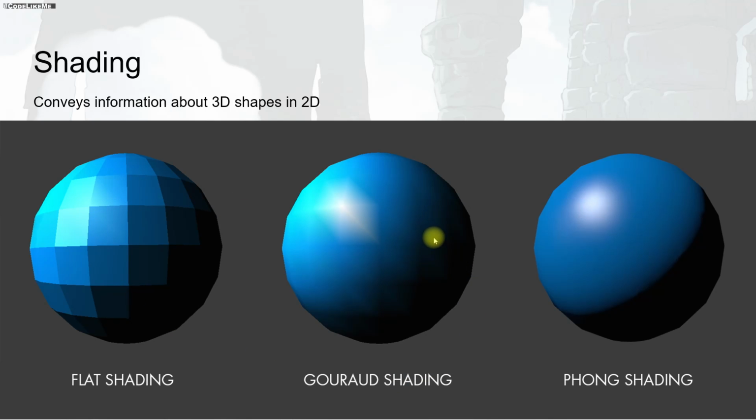Gouraud shading is a little better than that model. It uses interpolated pixel values across the polygon face, and as a result, the polygonal face edges are less visible than in the first case. And Phong shading is better than the second case too.